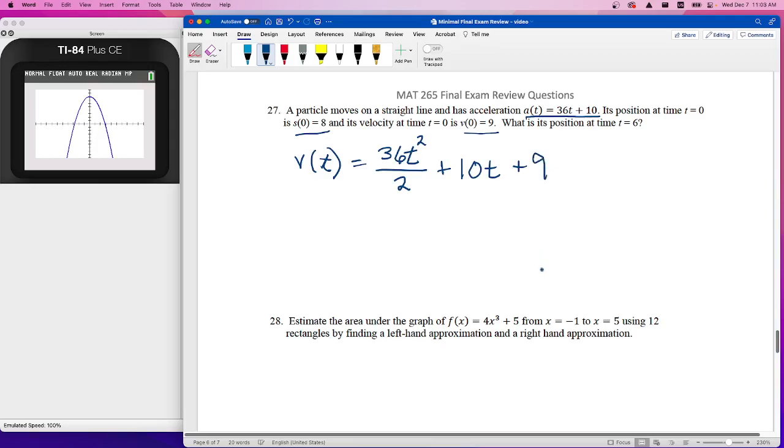This equals 9. If this were an open answer, I would want to leave those things and have a whole sheet of paper. I just don't want to keep rewriting things right now. What we can do though, 36 divided by 2 is 18, so let's clean that up a little bit. So this is our velocity function.